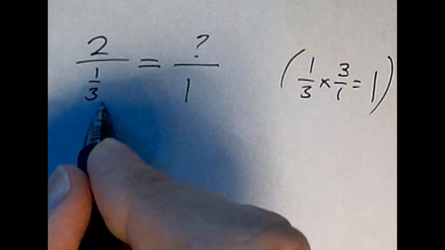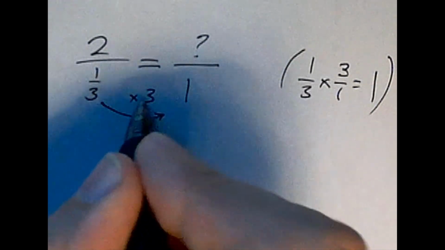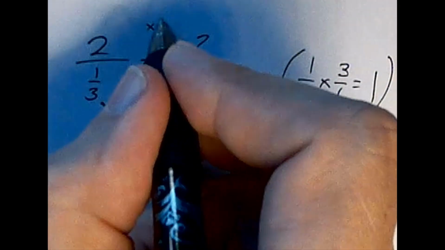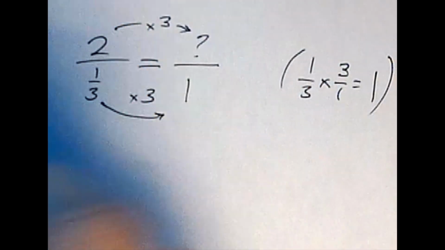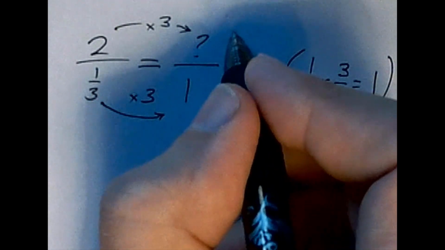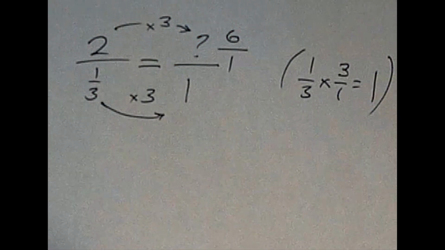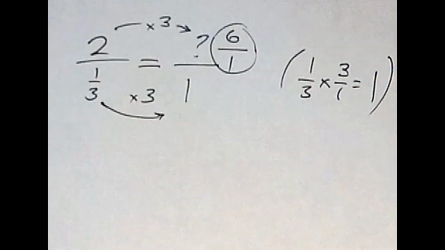So if we have 1/3, multiply by 3, that gives us 1. So we have 2, we multiply that by 3, and that gives us 6. So that gives us a solution of 6 over 1, or 6.